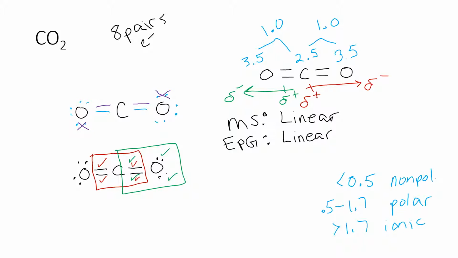So while individually there is a pull in one direction versus the other, overall there is no pull because both the left and the right side cancel each other out. So overall this compound is nonpolar.